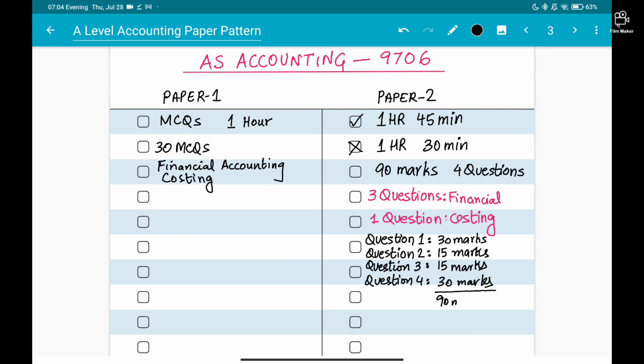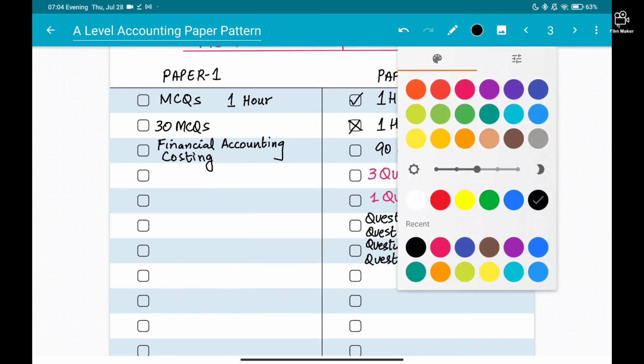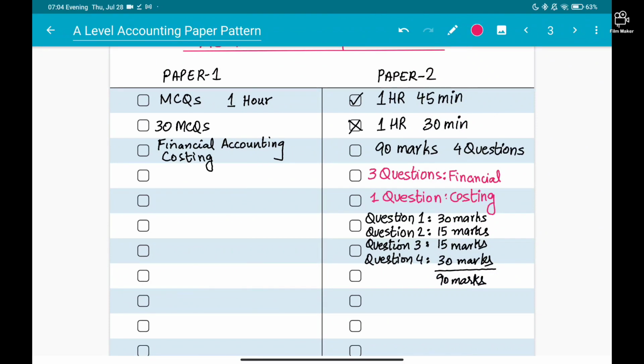Question number 4 is on the main costing part. The more important thing is that the examiner has removed the topic of changes in partnership. Changes in partnership is removed from AS level now, and it has been transferred to the A2 level.